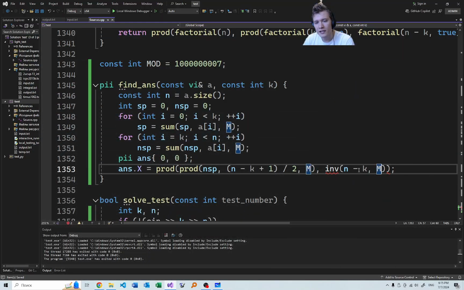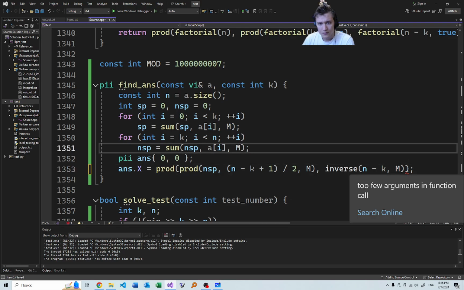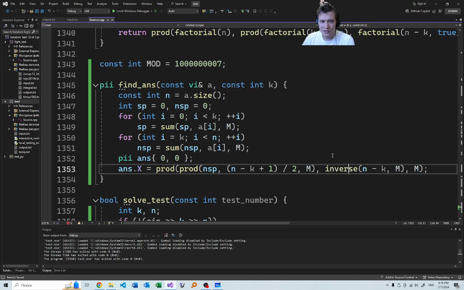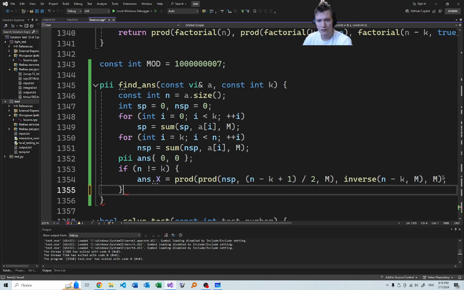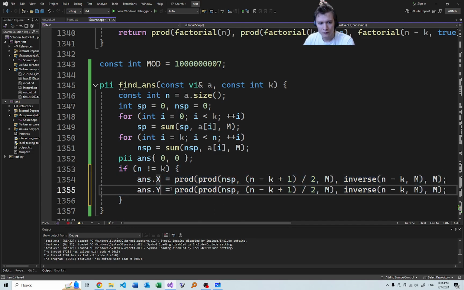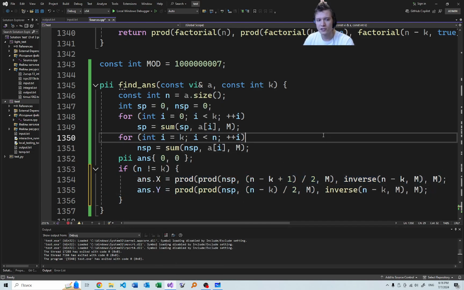Unfortunately, n minus k might be 0. So instead of that, we need to use an if. Okay, what about y? Y is the same, but without plus 1 here.